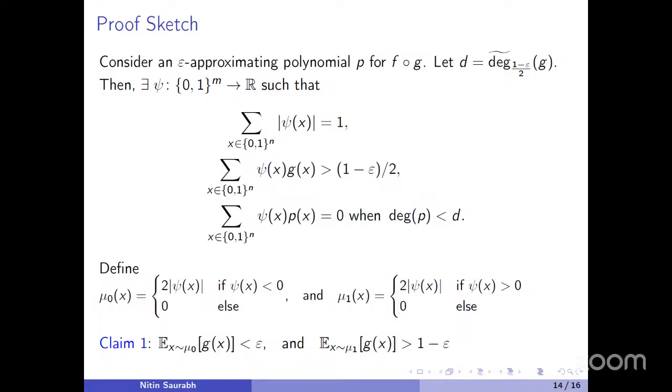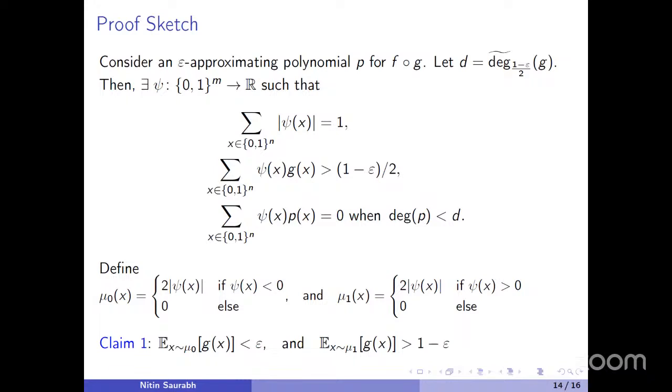With such a dual, you can define two distributions, mu0 and mu1. So mu0 is supported on values where psi takes negative values, sort of an indication of where g should take value 0. And mu1 is supported on inputs where psi takes positive value. It is again sort of an indication of where g should take value 1.